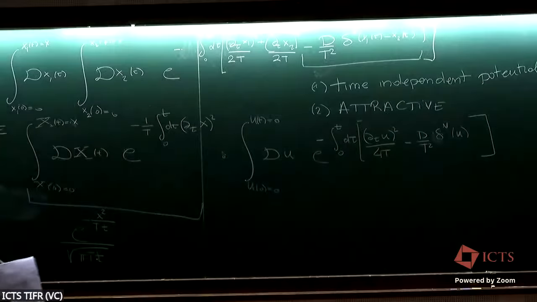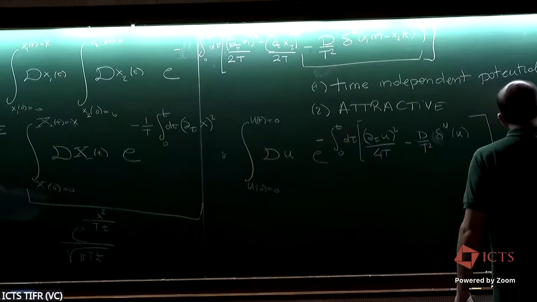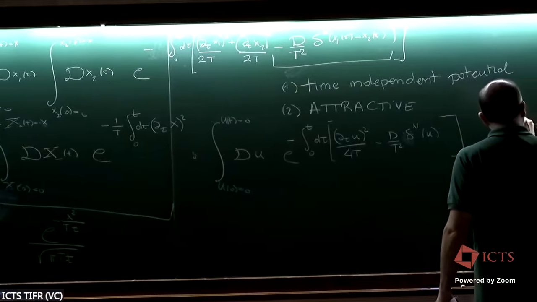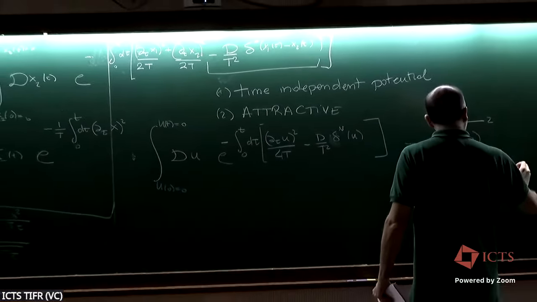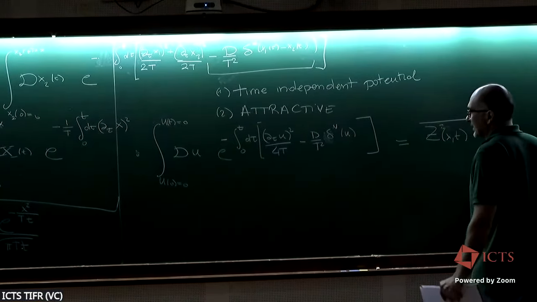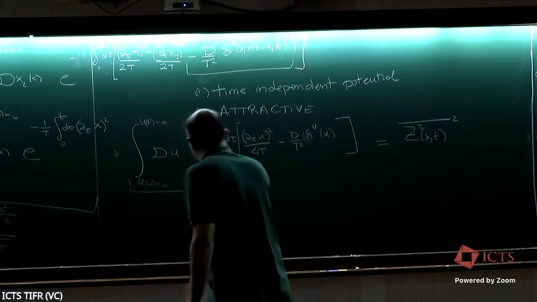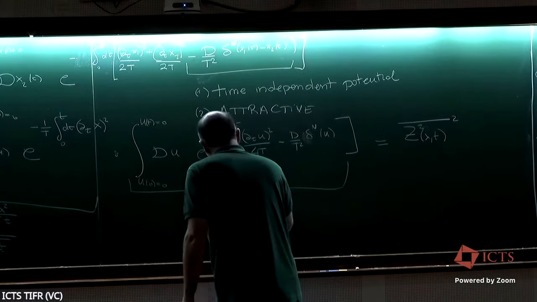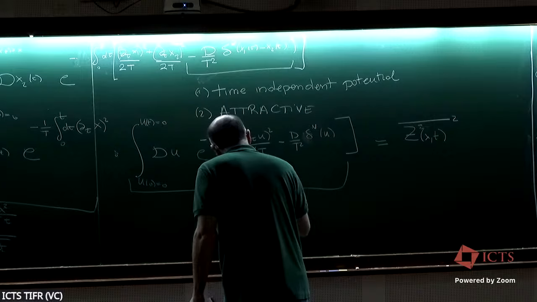So what you can do is that you can write that everything here is just like Z average x t square. Then you have, let me call this W of u equal to 0 t.